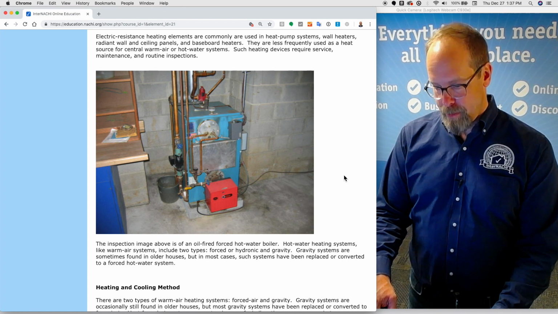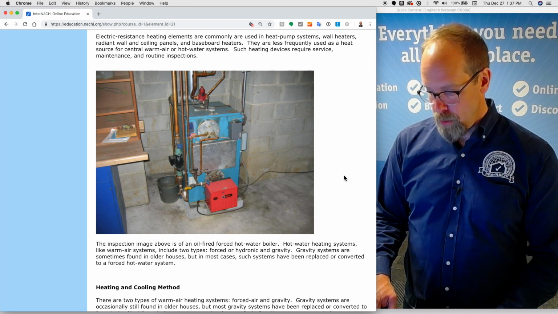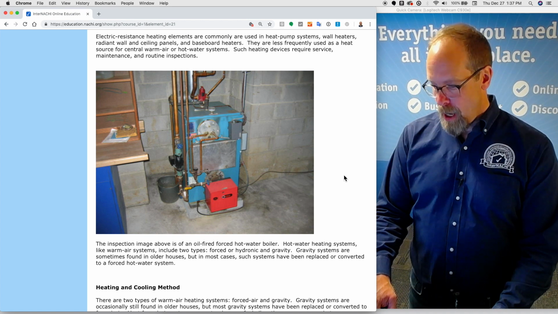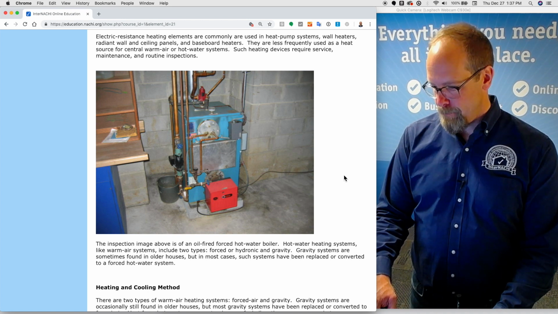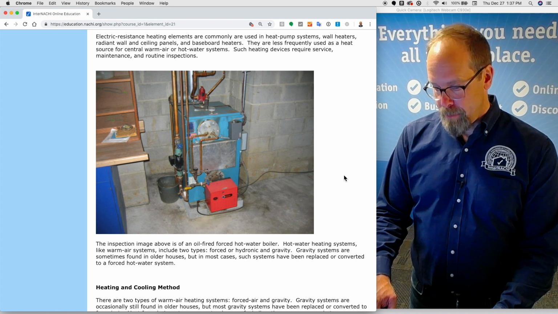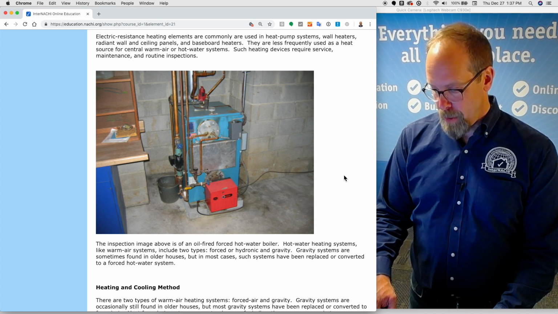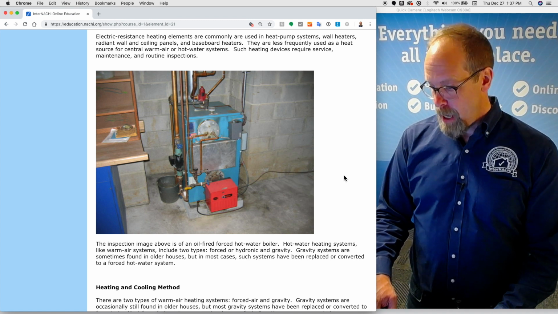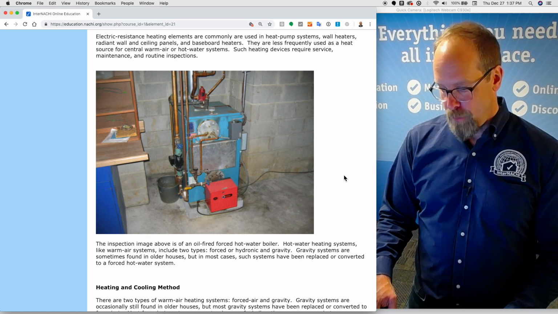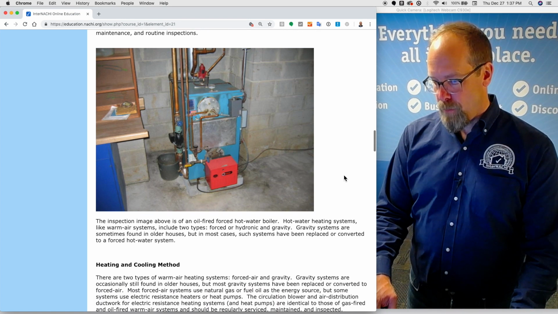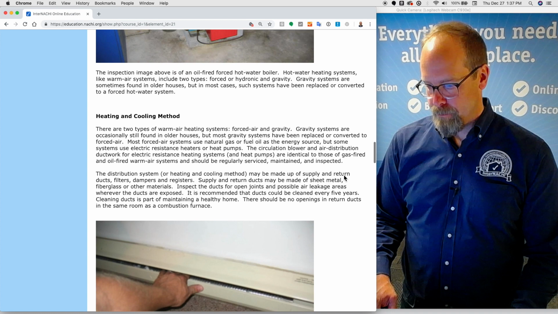Hot water heating systems, like warm air systems, include two types, forced and hydronic or gravity. Gravity systems are sometimes found in very old homes, but in most cases, such systems have been replaced or converted to a forced air system or forced hot water system.